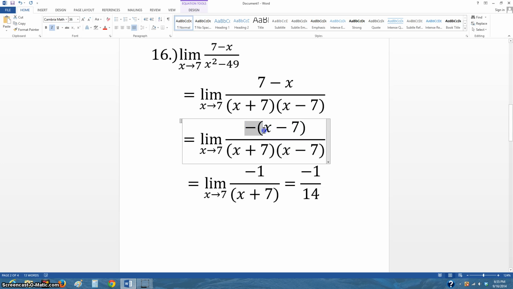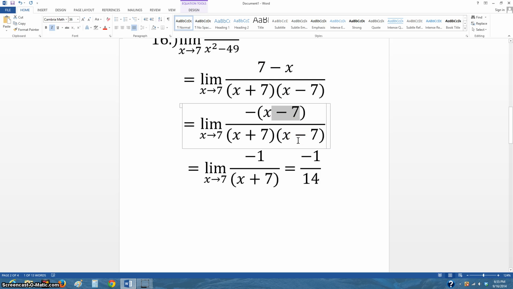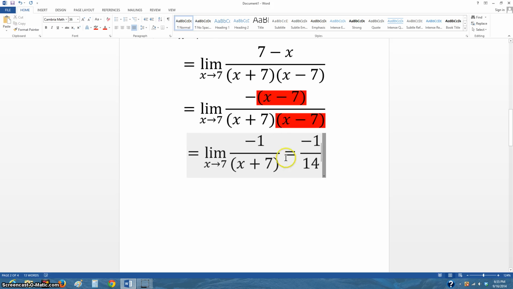Multiply back in, negative times x is indeed negative x, and negative 7 times negative 7 is indeed positive 7. Now at this point, your x minus 7's cancel, which I will go ahead and cancel out. And so you're left basically with this part right here, which is negative 1 over x plus 7.